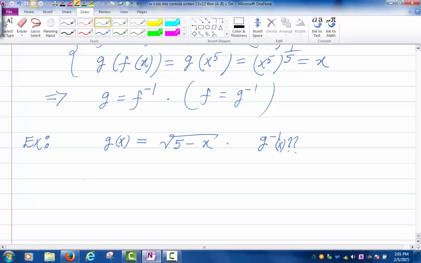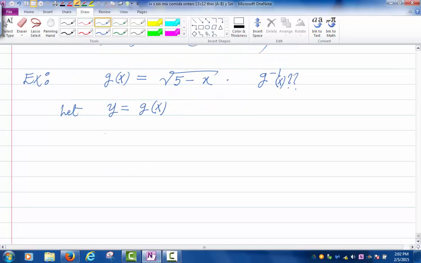Well, we are going to let y denote g of x, right? So y denotes the output for the input x under g. So then I know that y would be the root of 5 minus x. So y is the output, x is the input for the function g. Now the inverse of g does the opposite, right? It takes y back to x. So that means that all I have to do here is solve for x.